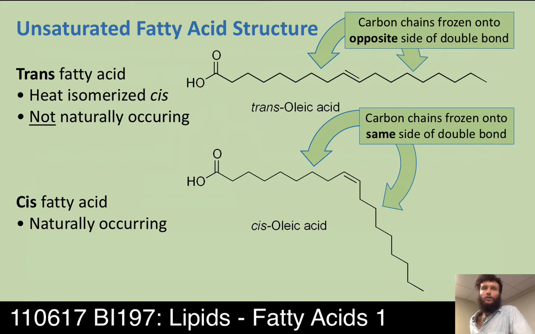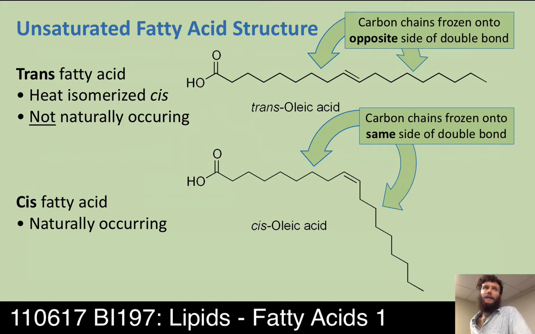However, I could break that bond and reconfigure it so that it would be trans, and the chains would be emerging from opposite sides of that double bond. So I'm sure all of you have heard about trans fats before. This is what a trans fat is.